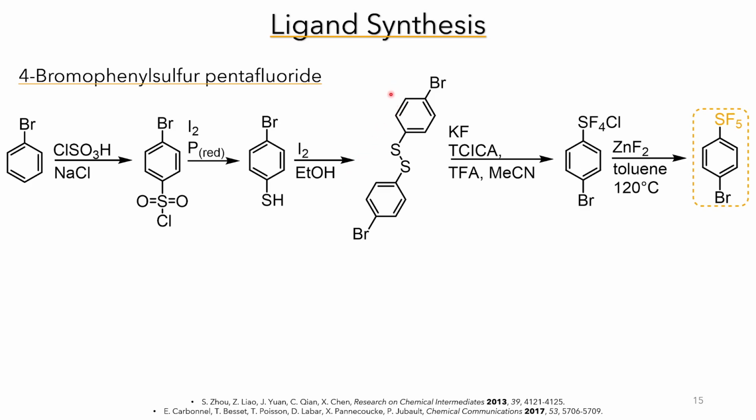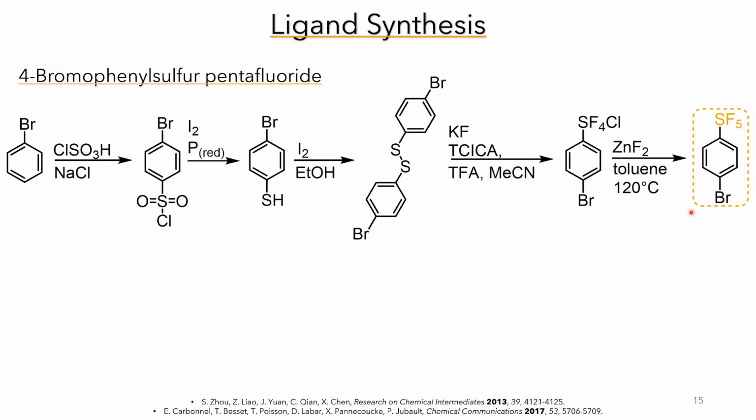Oxidation can then yield the biaryl disulfide, and then through the Pitts protocol, we can obtain our tetrafluorochlorinated sulfide, and then through a fluorination method, I put the one reported here by Imamoto, but if other secondary steps can work as well, we should be able to obtain our para-brominated phenyl sulfur pentafluoride.